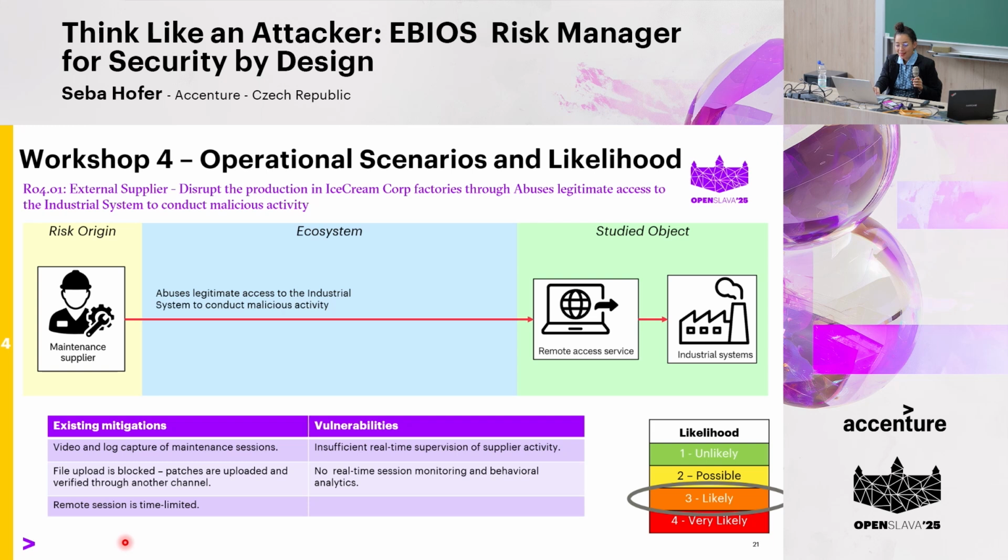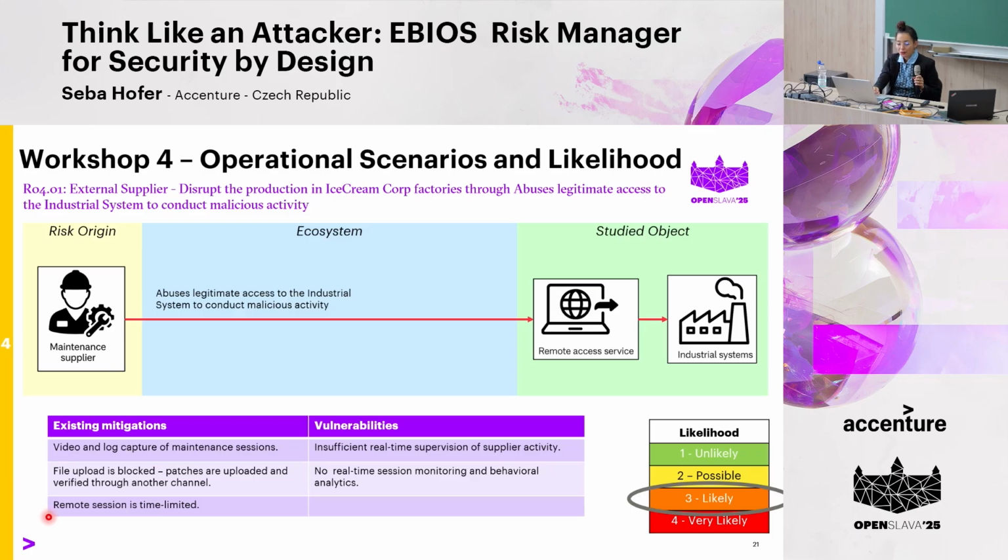The second existing mitigation is that the maintenance supplier cannot do direct file upload. It's locked. The patches, if they need to install some, are uploaded through another process and verified. I'd say this is quite good, because that prevents them from uploading files we don't know are good or not.